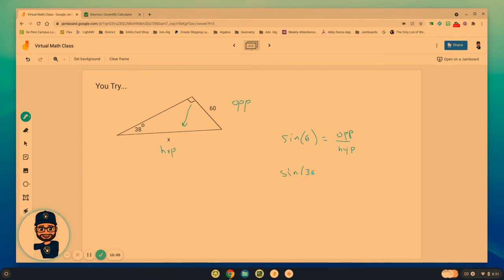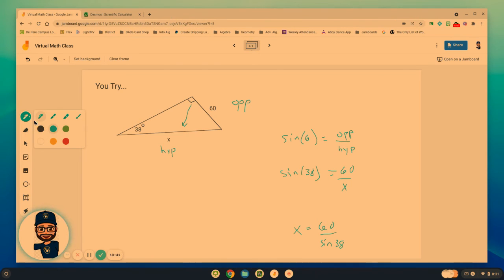So sine of 38 equals the opposite side, which is 60, over the x. Now this one is slightly different, right? The x is in the bottom. When the x is in the bottom, essentially what's going to happen is that these two are going to switch spots. X equals 60 over the sine of 38.